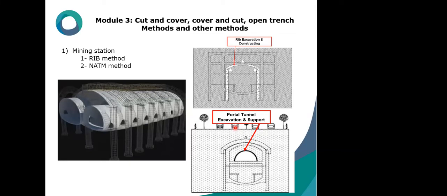Before going through the open trench methods or cut and cover and cover and cut, I wanted to first talk about other techniques, other mining techniques, such as the rib method. The rib method, like the NATM method, is a mining method.